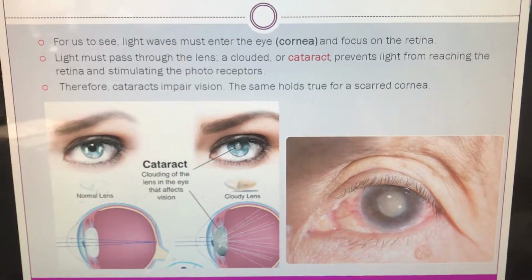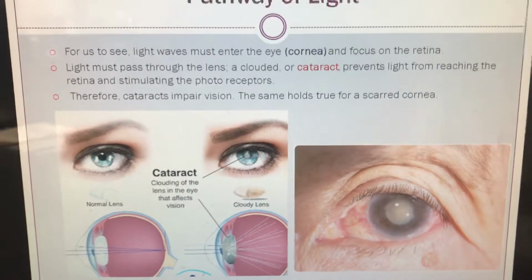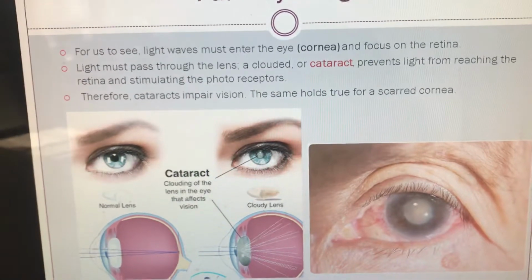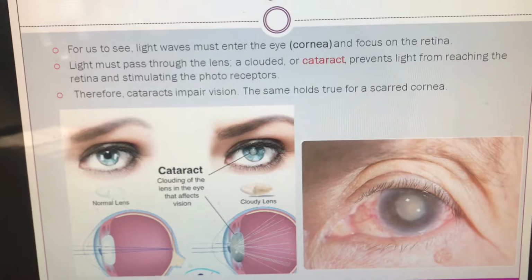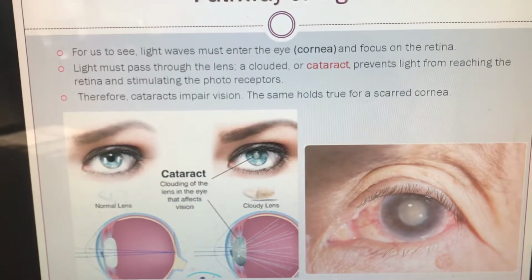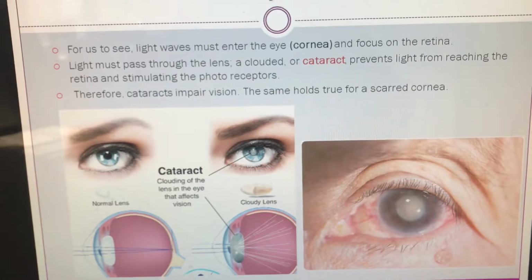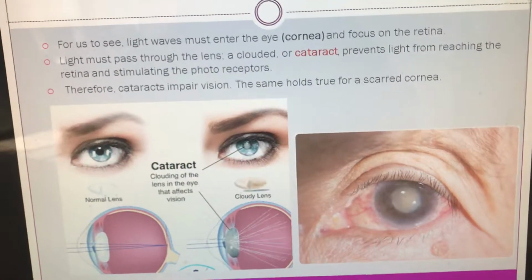The same holds true for a scarred cornea. So this is saying that if light doesn't pass through because you have something blocking it, that cataract, it's going to impair your vision.